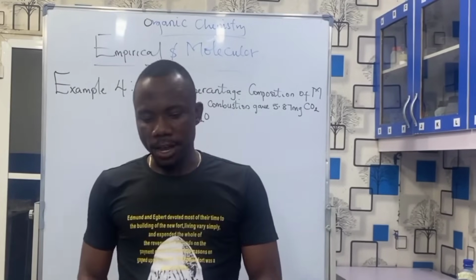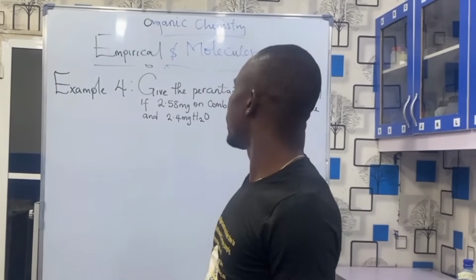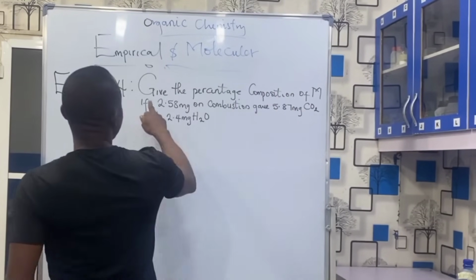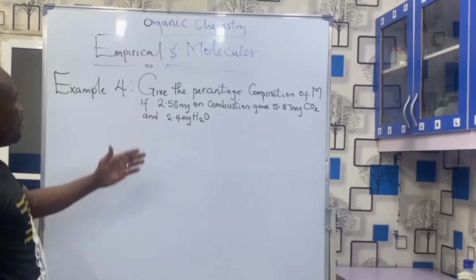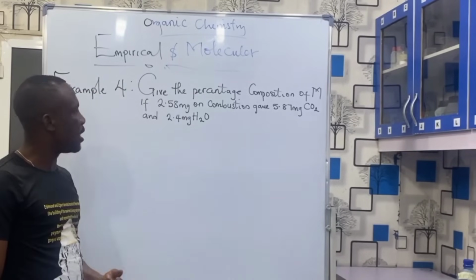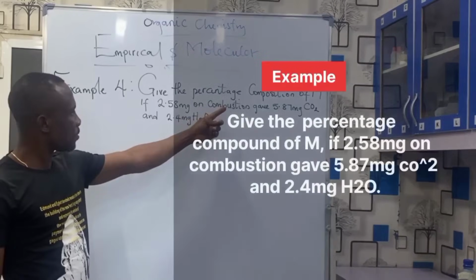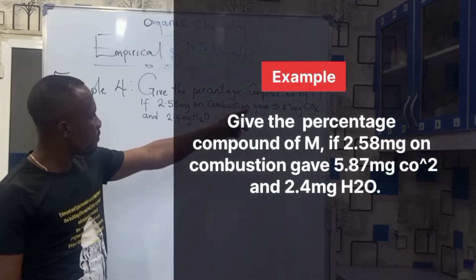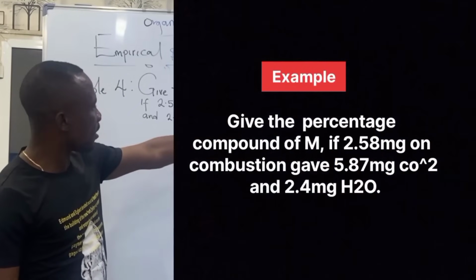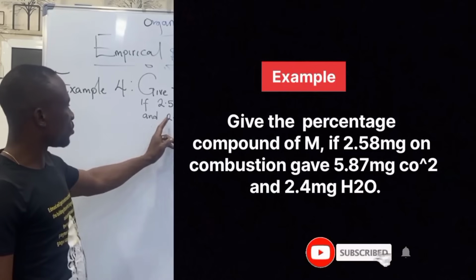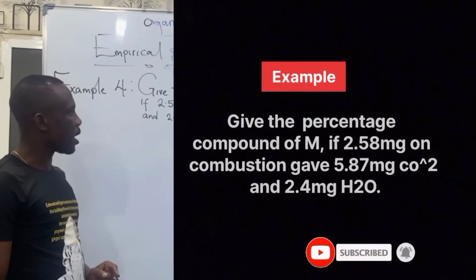Okay, example number 4. Give the percentage composition of M if 2.58 milligram on combustion gave 5.87 milligram CO2 and of course 2.4 milligram water.